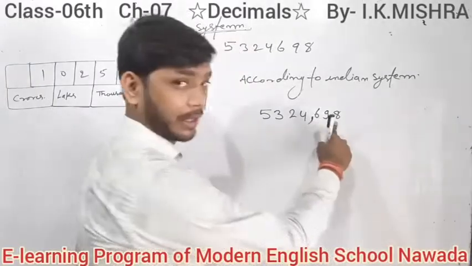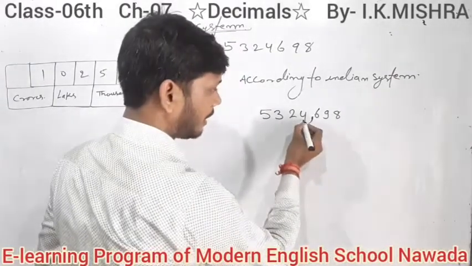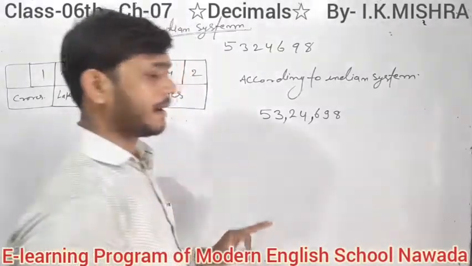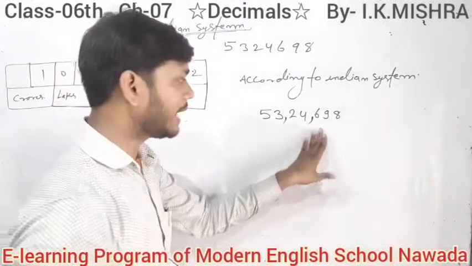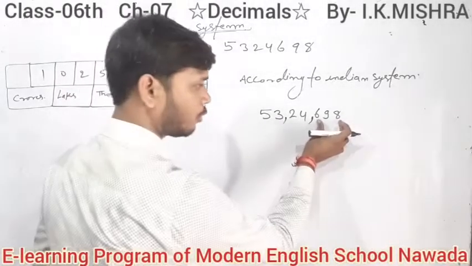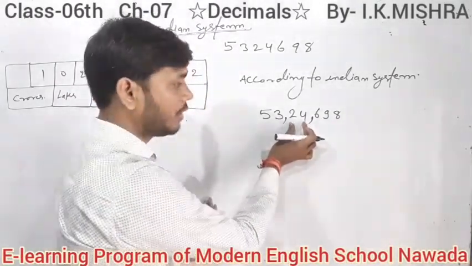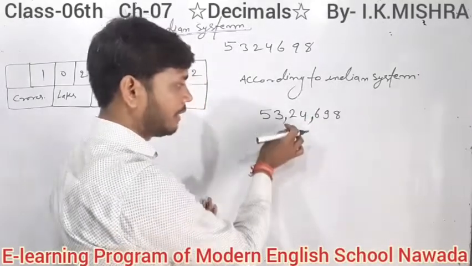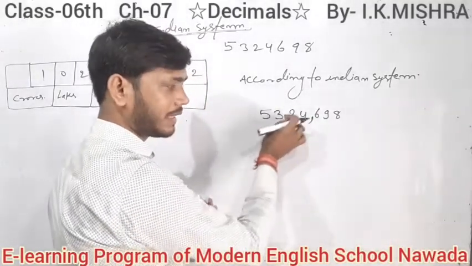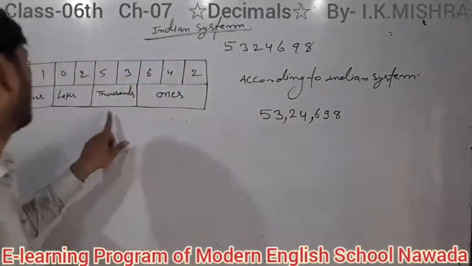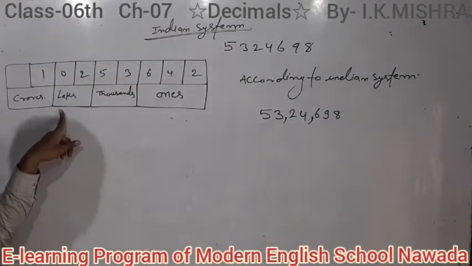This is the ones period. After that put a comma after two digits, and again after two digits. This is the ones period, this is the thousands period. That means this period will be read as 24,000. This number will be read as 53 lakh, because after the thousands period comes the lakh period.